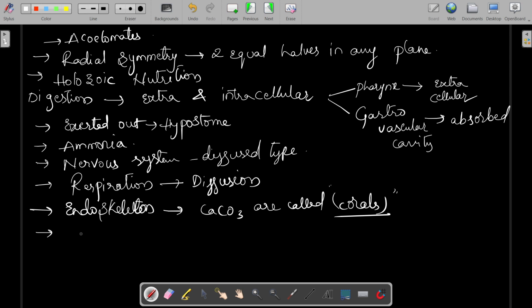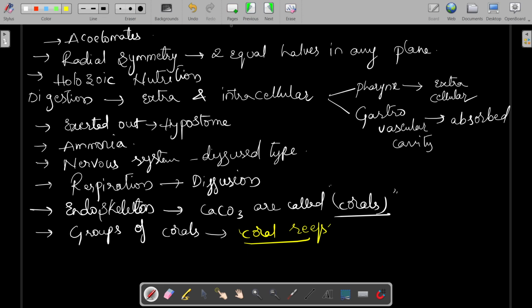These accommodate in groups, and these groups of corals are called coral reefs. These coral reefs are made up of calcium carbonate.